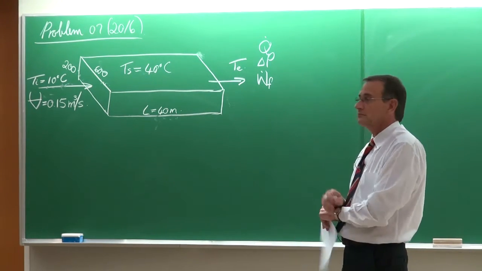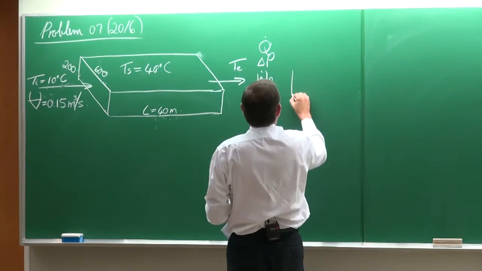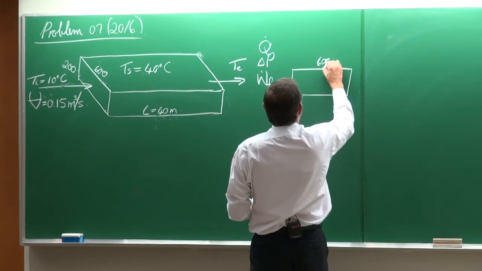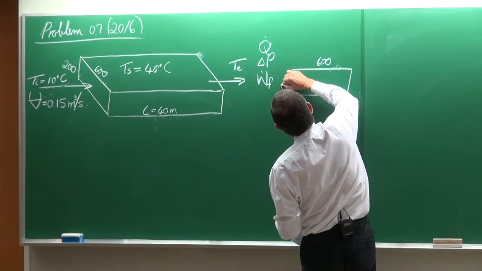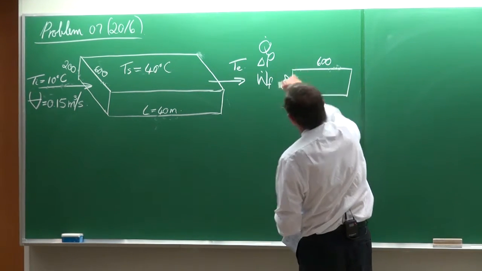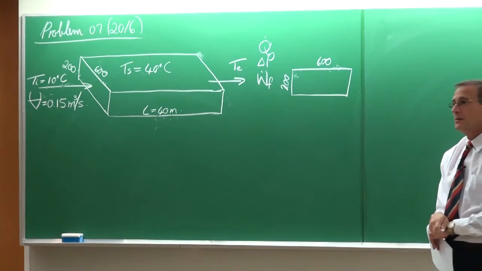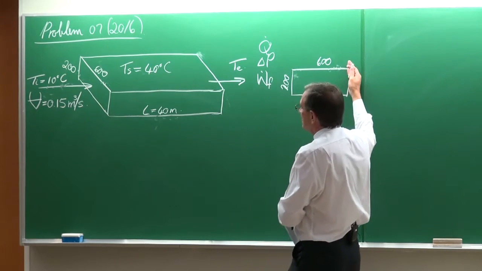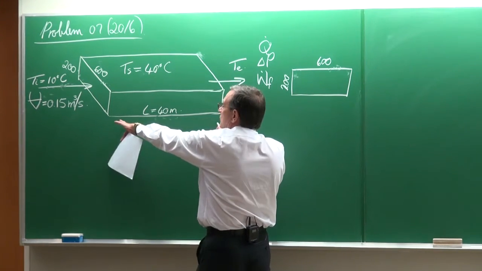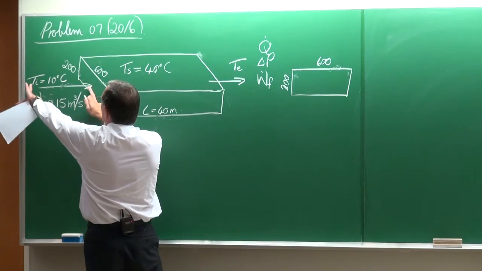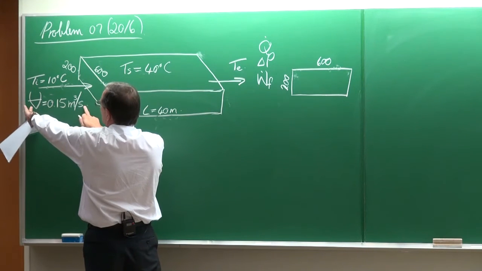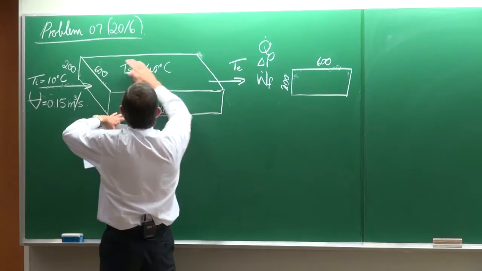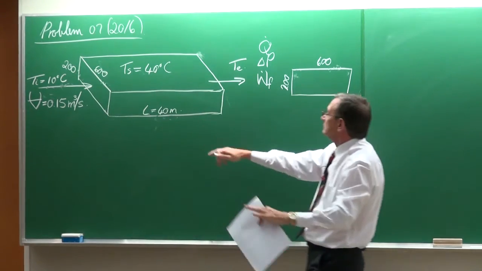The cross-sectional area of the duct is 600 millimeters in that direction and 200 millimeters in that direction. Do you all understand the problem? Duct, 200 by 600, 40 meters in length, air at the inlet temperature of 10 degrees Celsius, a volume flow rate of 0.15 cubic meters per second. The surface temperature is 40.